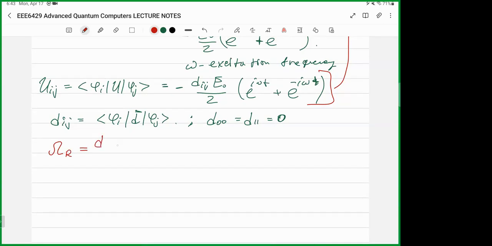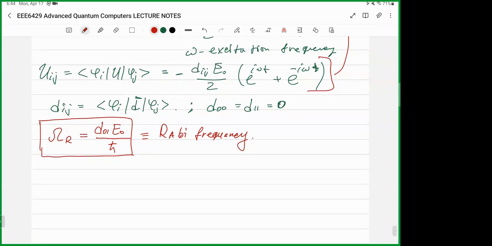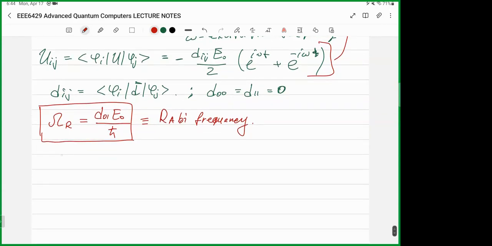It's equal to d01 E0 over, sorry, over h bar. So this is the Rabi frequency, and if I multiply this by h bar, I will get the Rabi energy, right?